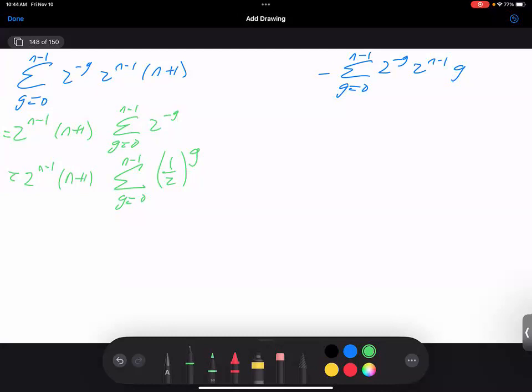Well, the sum is going to converge, but this sum has a name. This is a geometric, right? What does the ratio equal? 1/2. So you should hopefully be able to recognize that this is a geometric series.